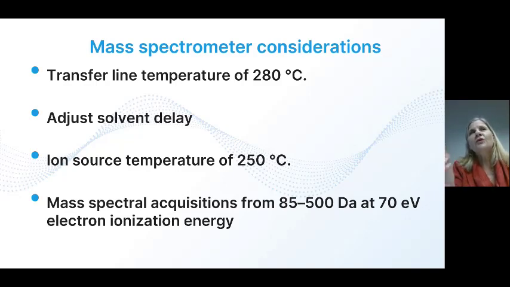And for the compounds that were not volatile that we derivatize, because of that hard ionization, we are breaking off that trimethylsilyl part, and we then only have the compound. So we're looking at between 85 and 500. Lower than 85, you might get fragments of your trimethylsilyl group. So normally we work between 85 and 500, but keep in mind you have to look at the mass of the compounds of interest.